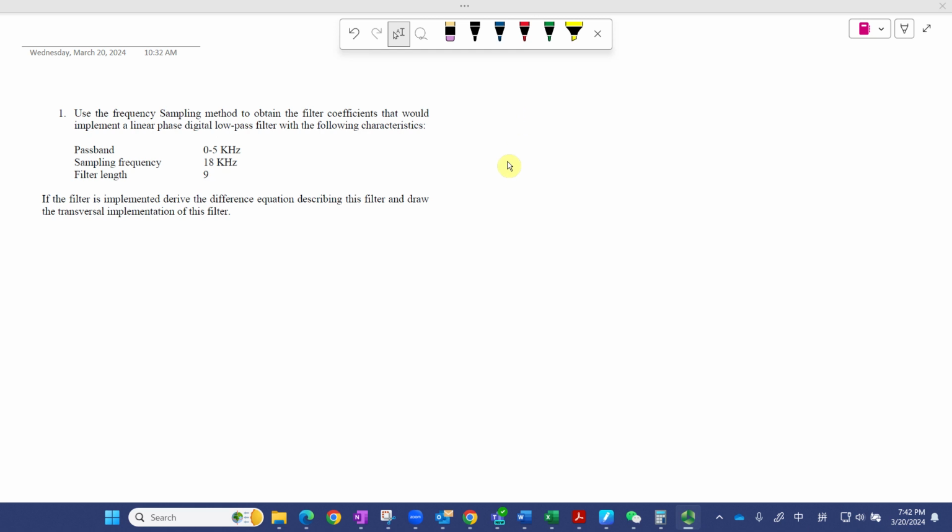Then we do an inverse DFT. We can find the time domain expression, which is the filter coefficient.